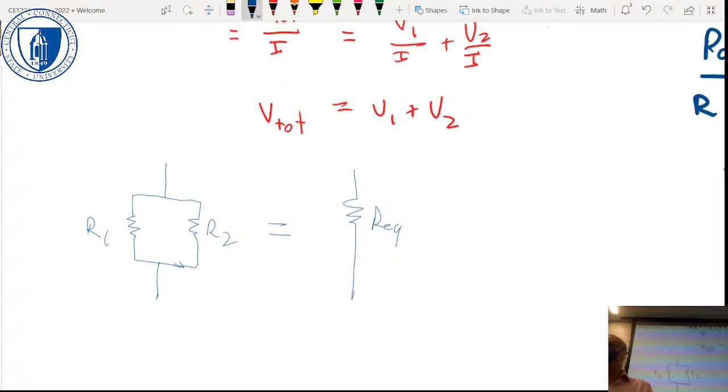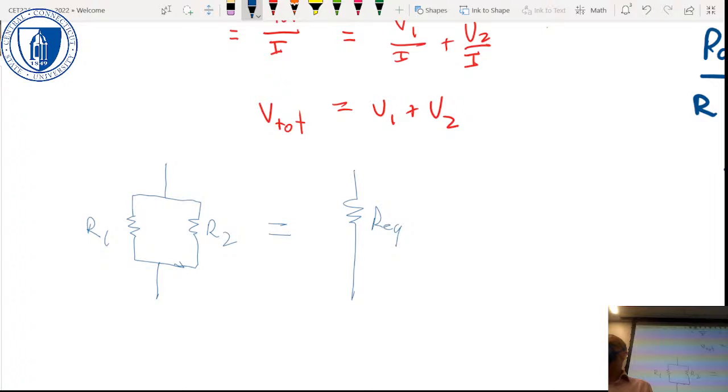I suggest you try to avoid remembering this one. It works fine, it is true.